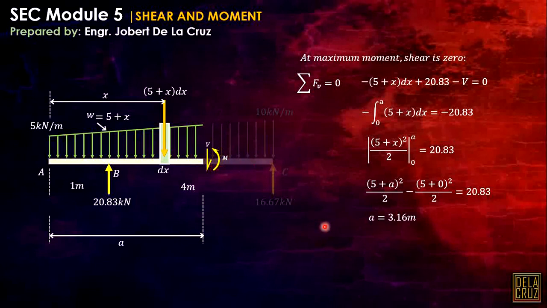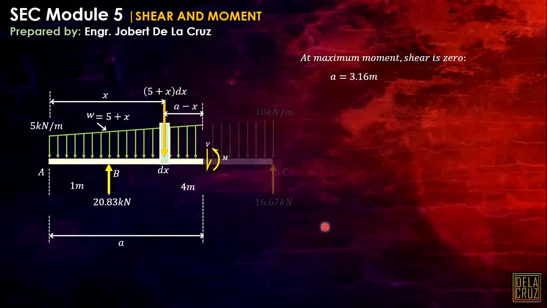By summation of moment about this point, na? So, the moment here, unahin natin itong force na to. So, 5 plus x dx, the moment arm, of course, that will be 3.16 minus x. Ito, A minus x. Diba? Mag-moment tayo dito. So, 3.16, itong A minus x, where x is the variable. Okay?